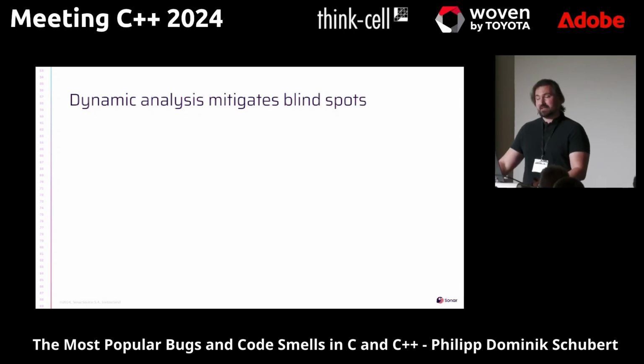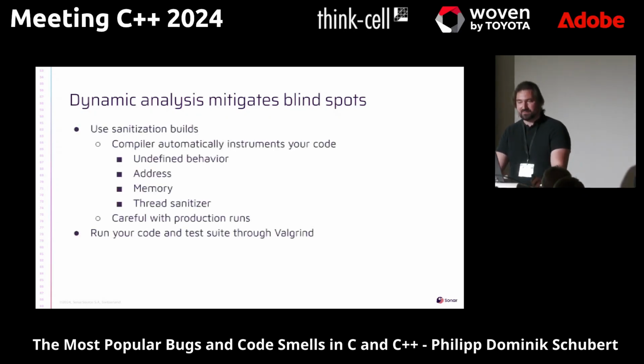So dynamic analysis mitigates blind spots. Whenever static analysis doesn't know any better, use sanitizer builds. In addition to your release and debug build, nowadays you should have sanitizer builds, right? And run them through your test suite. And you should have a test suite. Otherwise, you have some homework to do, right?